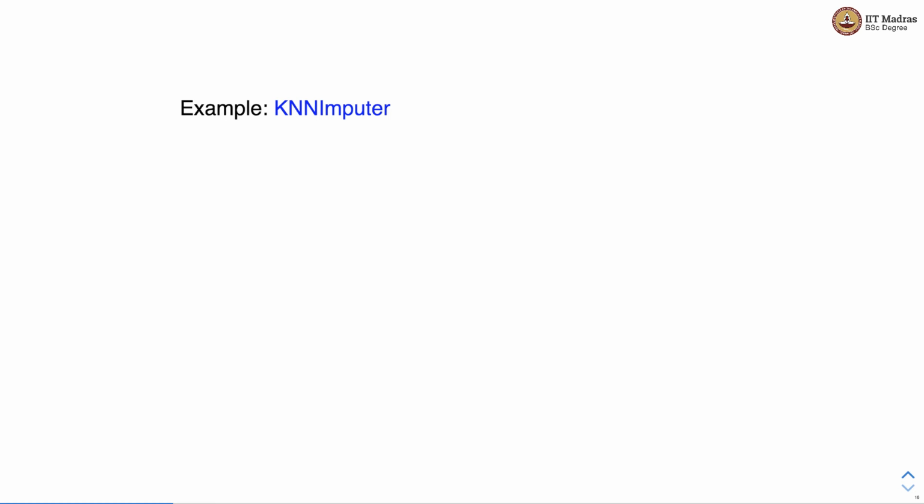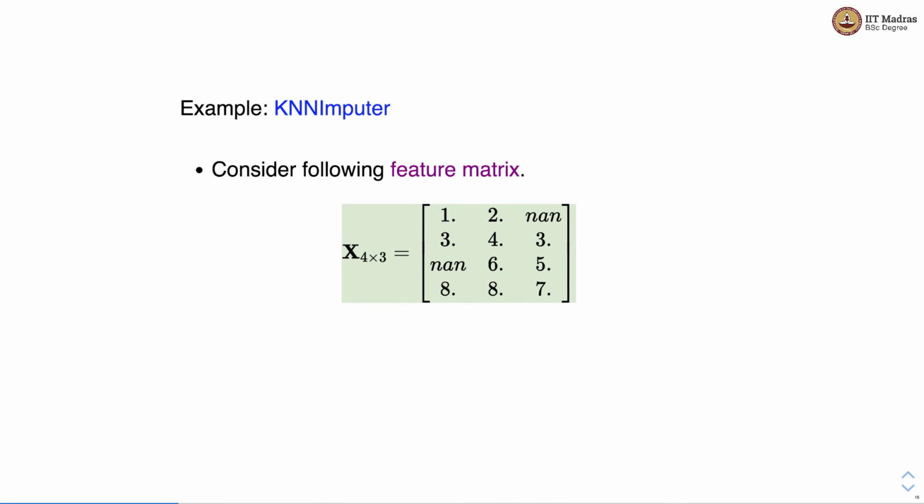Let's look at an example of KNNImputer. Let's say we have the following feature matrix. It has 4 samples and 3 features. There are 2 missing values: one in the first sample and another in the third sample.